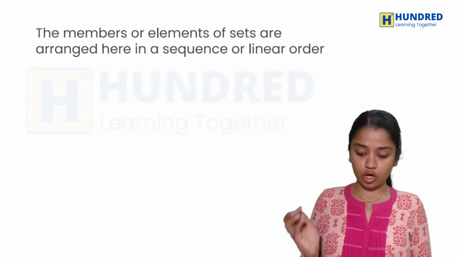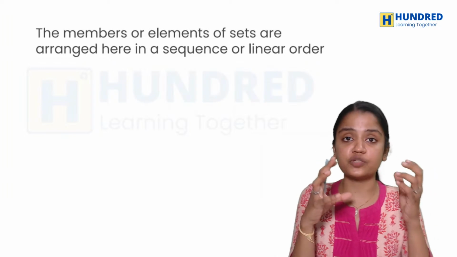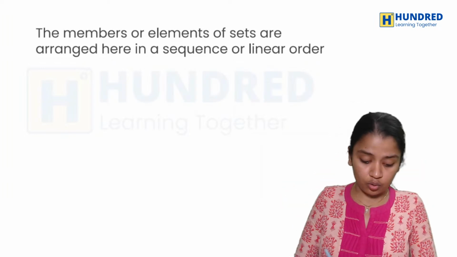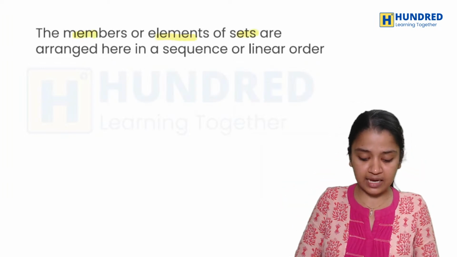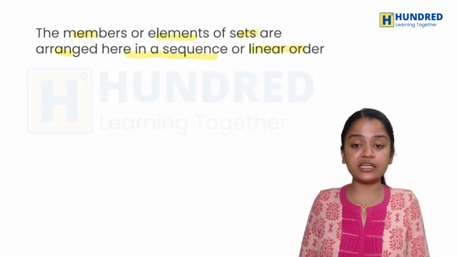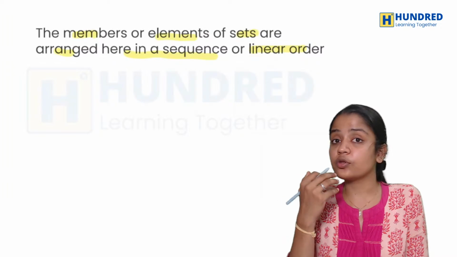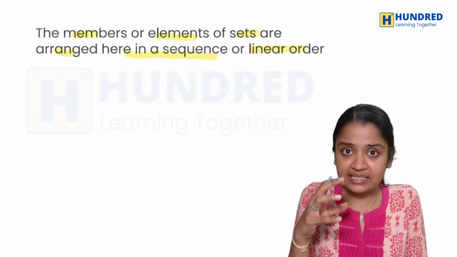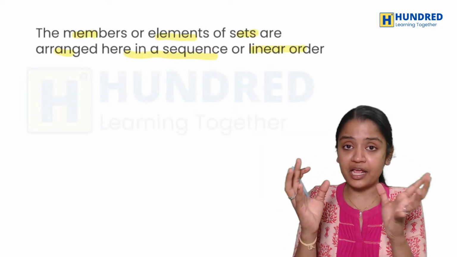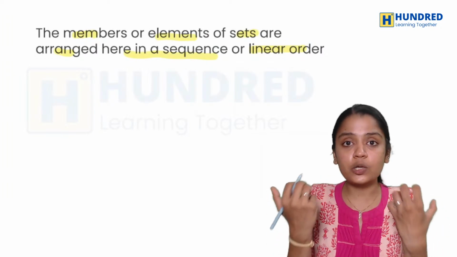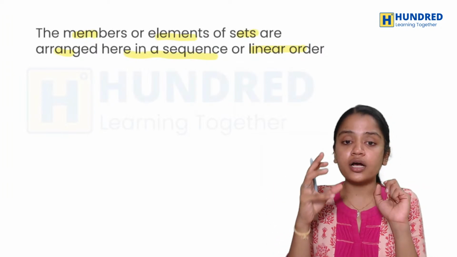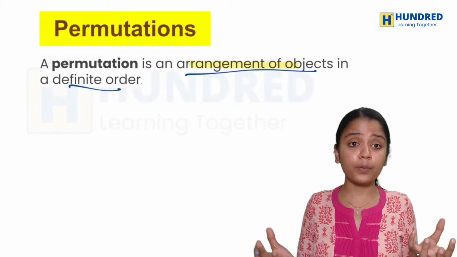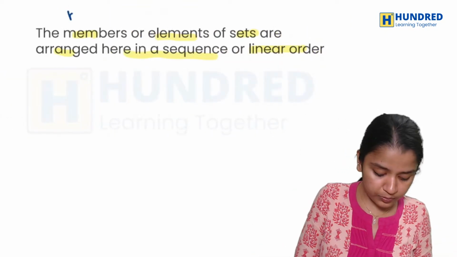Now when we talk about arrangement, it can be a linear arrangement or something else. The members or elements of the set are arranged in a sequence or linear order. So generally the arrangement is in a sequence, and in this case you say it is a permutation.